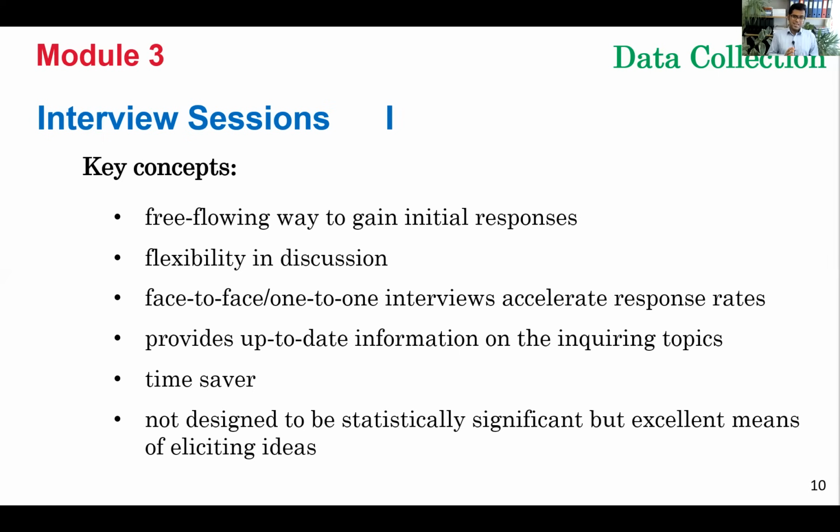Additionally, this exercise saves time by providing more information within a shorter duration. Hence, expert in-depth interviews are an excellent means of obtaining new ideas, but not for providing statistical significance.